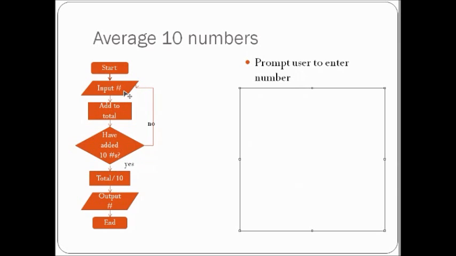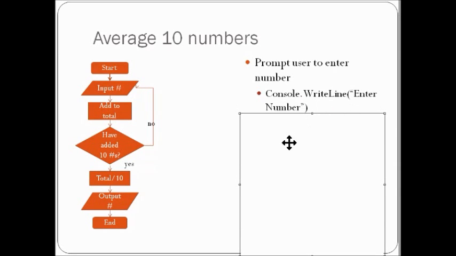Obviously, the next thing you want to do is prompt the user for input. So how do you do that? You tell the console to write out enter number. That's how it's written, right? And once again, you find this by looking at the examples you see in the unit.